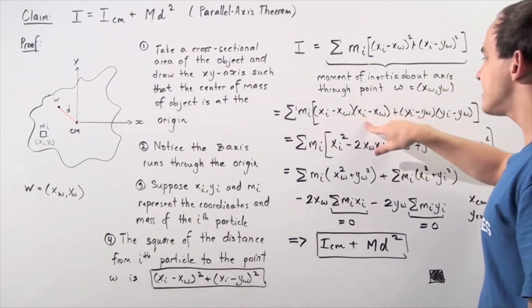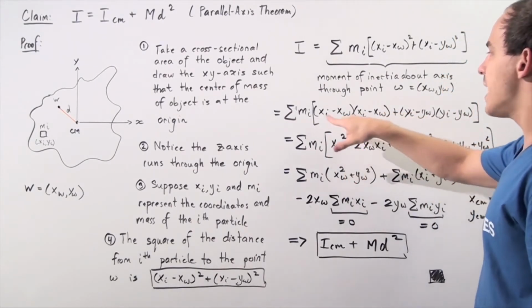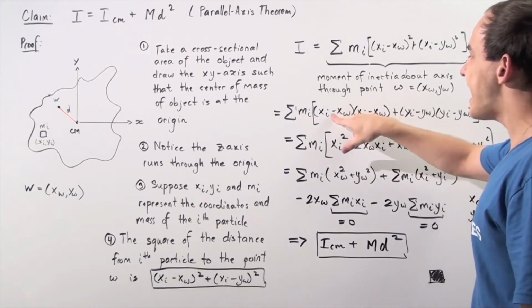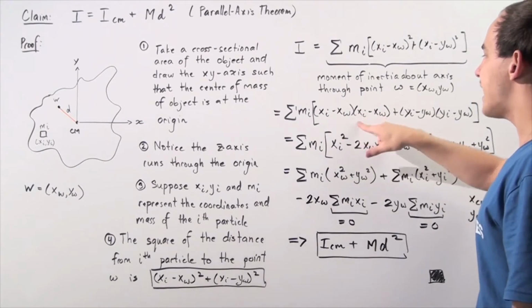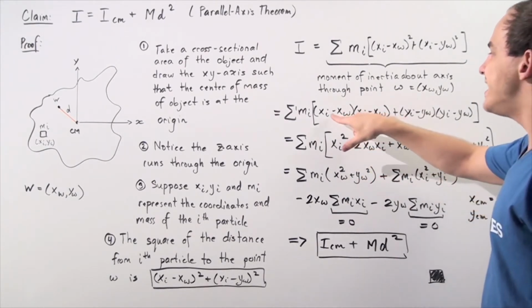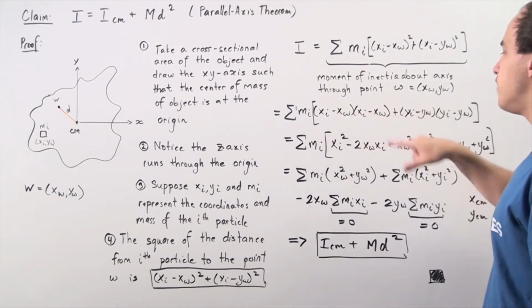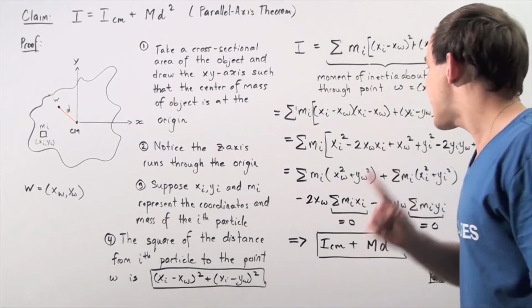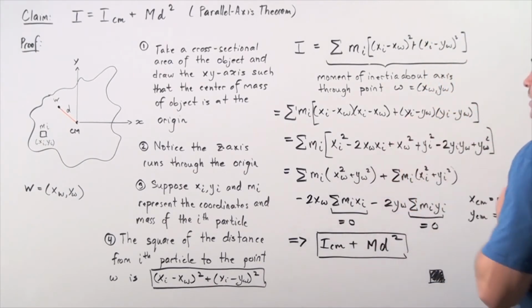Xi times xi gives us xi squared, xi multiplied by negative xw plus negative xw multiplied by xi, so negative 2 xw xi, and then negative xw multiplied by negative xw, positive xw squared. And the same exact thing is done for this quantity. So we get the following result.